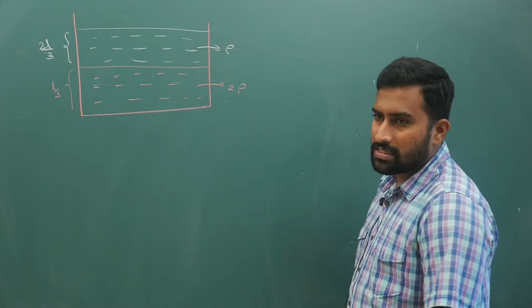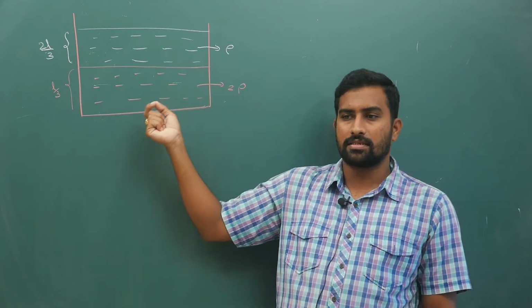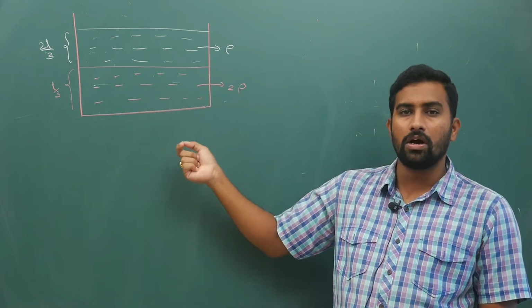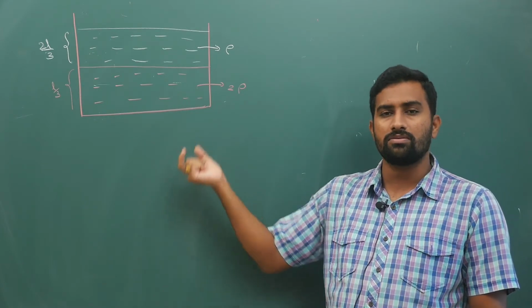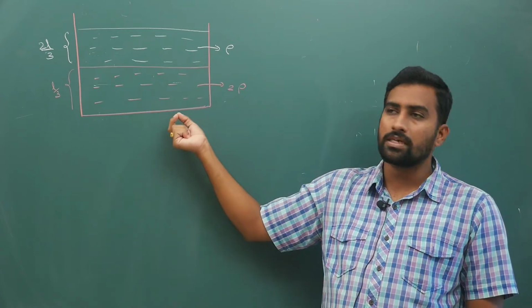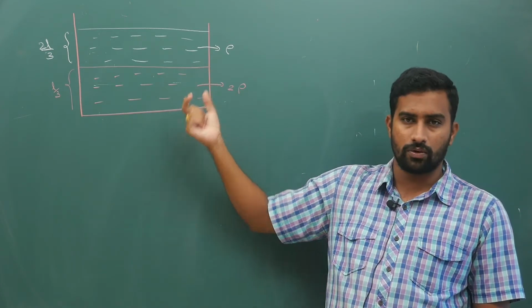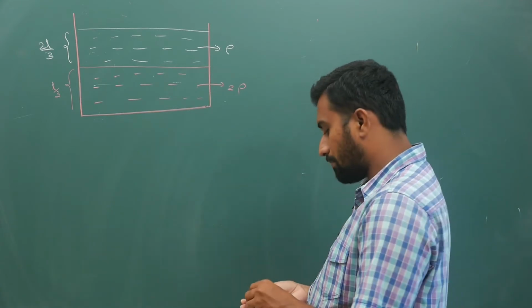Obviously the top liquid's density should be less compared to the bottom liquid, because denser objects will sink to the bottom and lighter objects will float. Getting my point? The question is: the top surface is open.